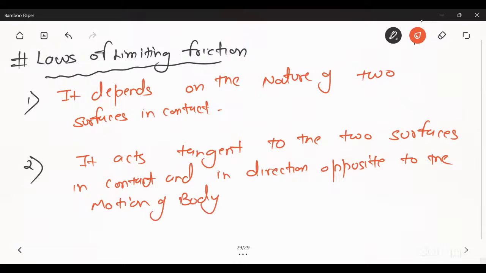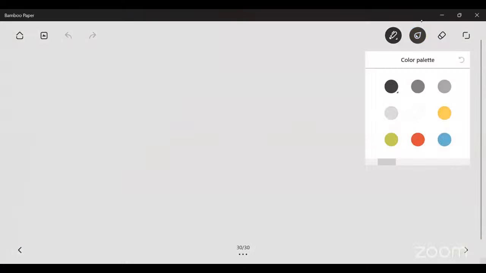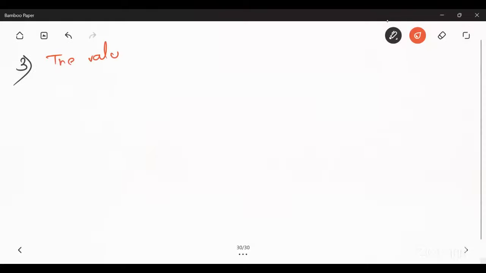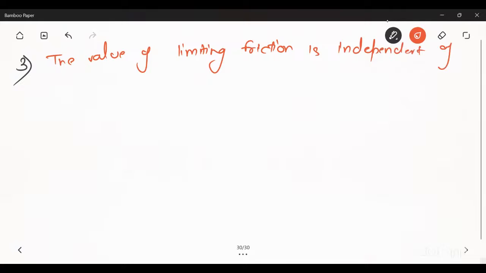Third one is that the value of limiting friction is independent of the area of surface in contact.